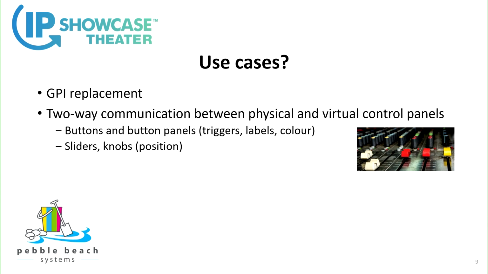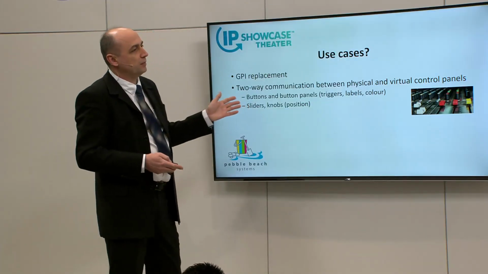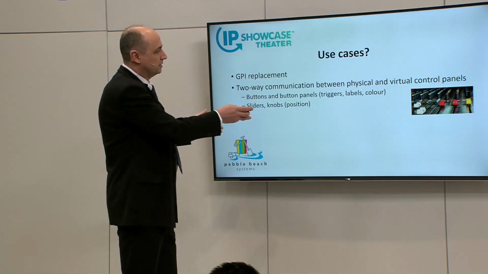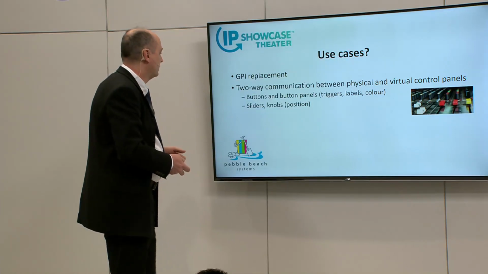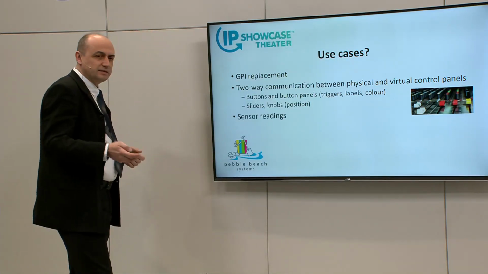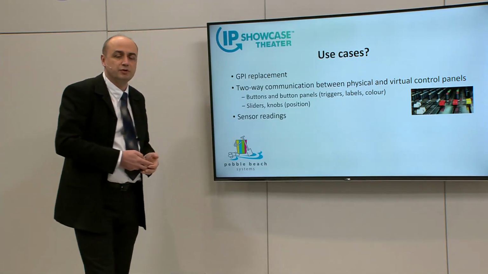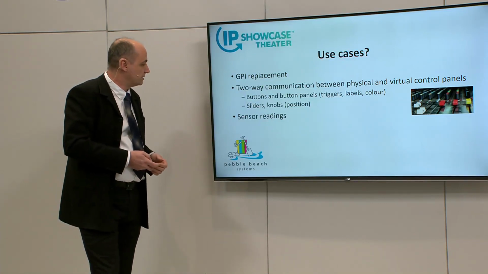You could have button panels, you could have vision mixers with sliders, knobs, various other devices, or on the other hand, LED lights, stuff like that, which can all be modeled using IS-07, and you can establish connections between those components and receivers who would receive those values. Sensor readings are another use case. We talked about, let's say, temperature before, but that could be any other sensor.